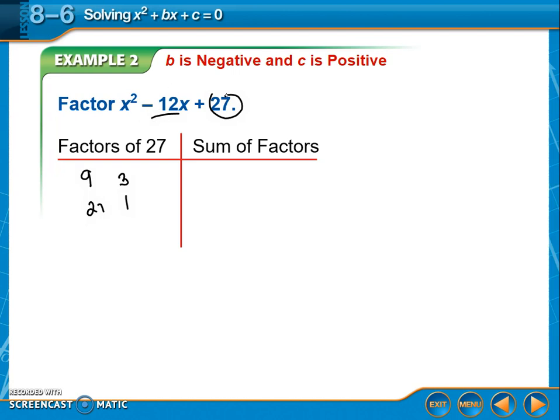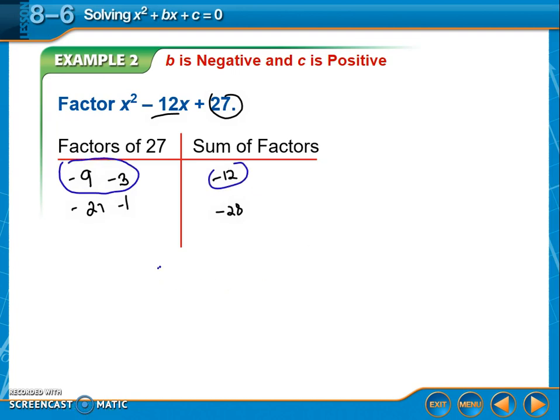When you have a negative here and a positive here, that means both of our numbers are going to be negative. Because if you have negative 9 times negative 3, that still gives you a positive 27. Negative times negative is positive. When I add those, I get negative 12, and when I add the other pair, I get negative 28. So the one we're looking for is the one with the sum of negative 12.